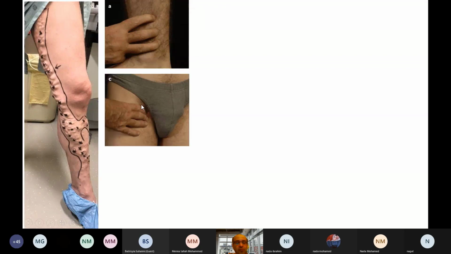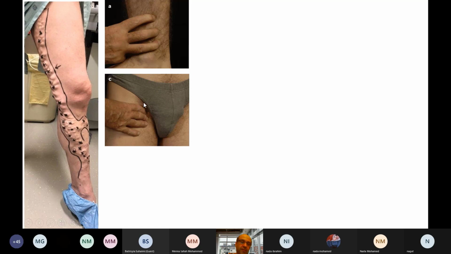I have to inspect the saphenofemoral junction, but I don't like to do this nowadays because of COVID. You ask the patient to cough, and then you feel a thrill here. Whenever you feel a thrill here, this means that the saphenofemoral junction is affected and there is a reflux in the deep system. Why do we feel a thrill here?